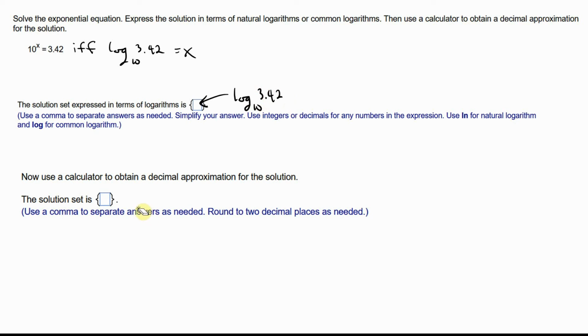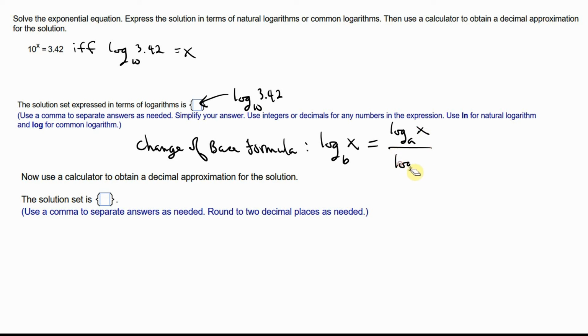Now they want you to solve it to get the decimal. So here we use the change of base formula. Didn't use it in the previous section. Change of base formula. So I have log base b of x. I'm going to change this to log base a of x divided by log base a of b.